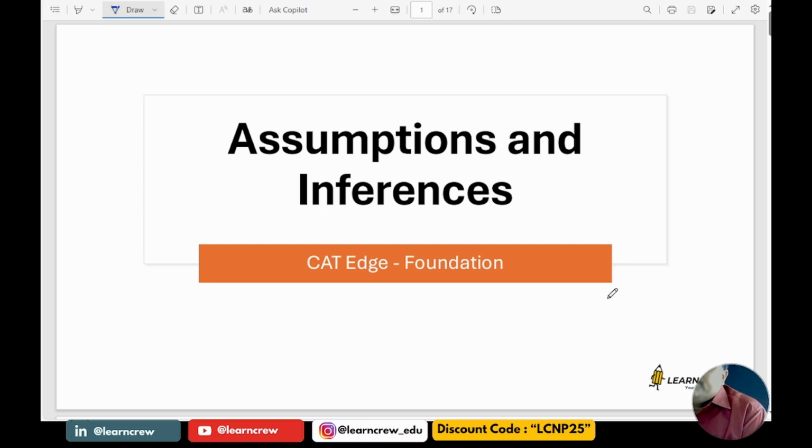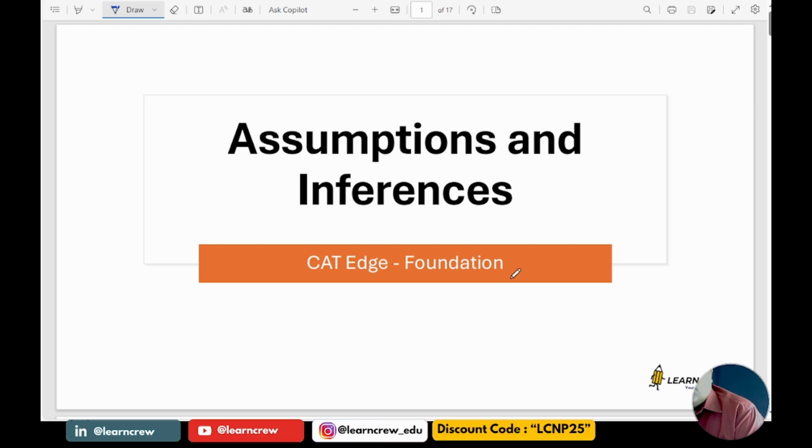Let me give you one more example. Sita is quiet. So what can be taken as an assumption? Sita is quiet because she is shy. It is an unstated premise, which is an assumption. Now one more statement: the store is closed. What can be assumed?